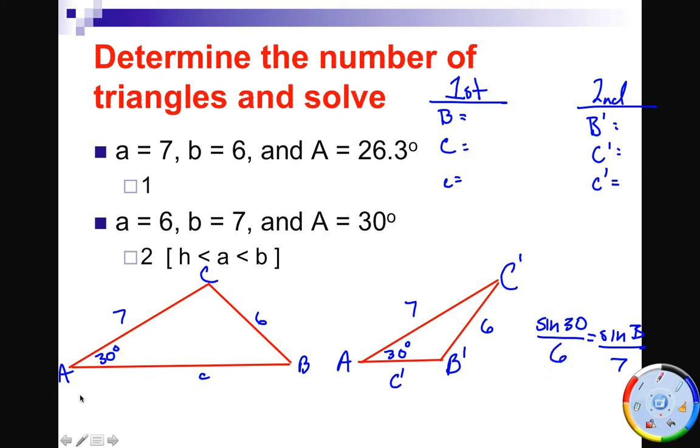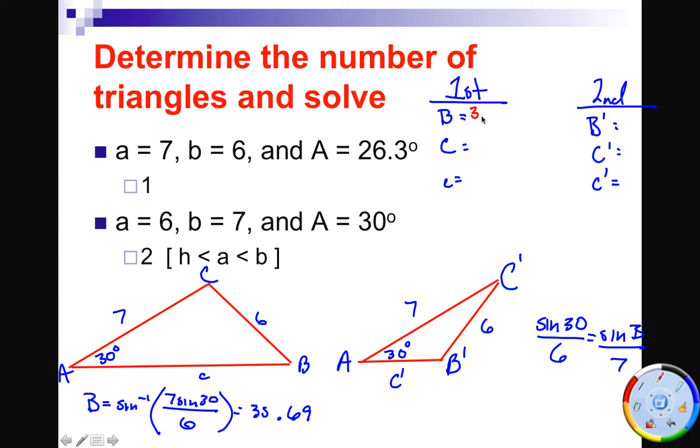I solve for big B. So big B is the sine inverse of 7 sine 30 over 6. Make sure my mode's in degrees. I go sine inverse of 7 sine 30 divided by 6, and I get 35.69.